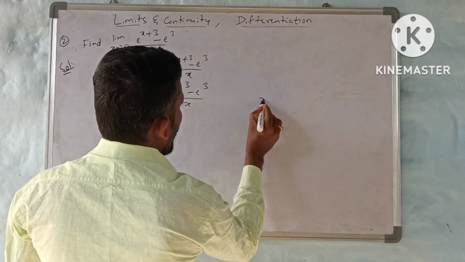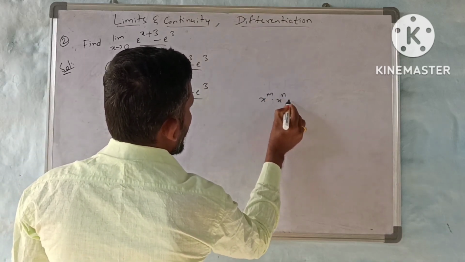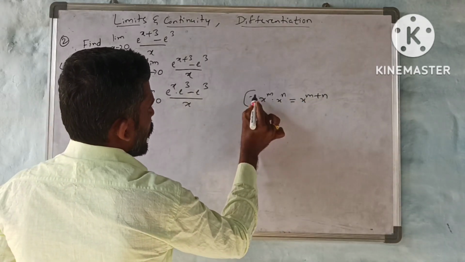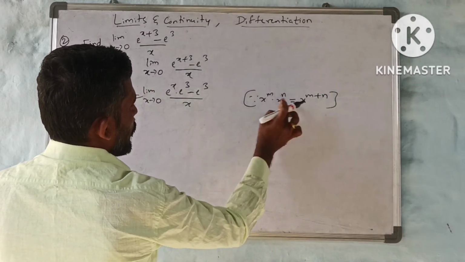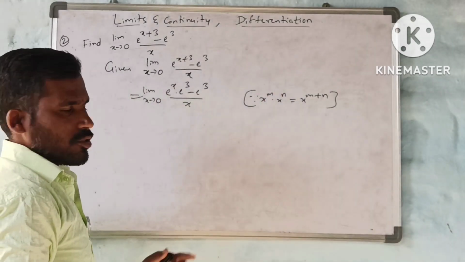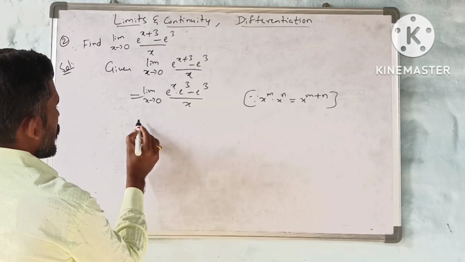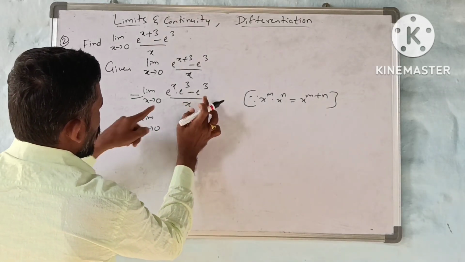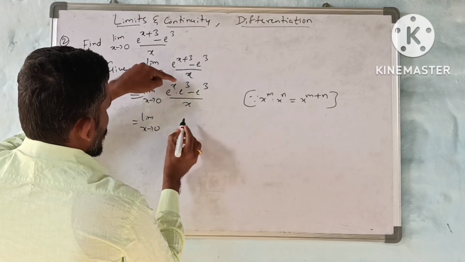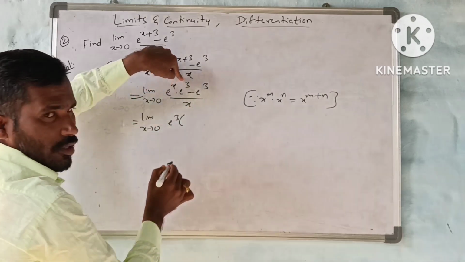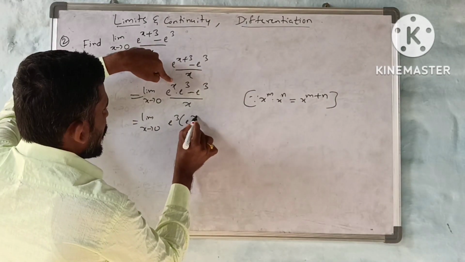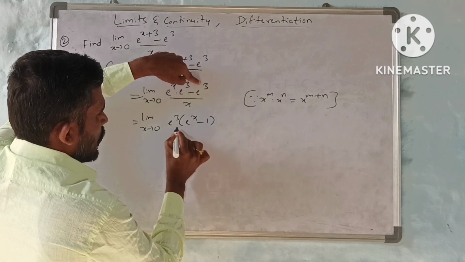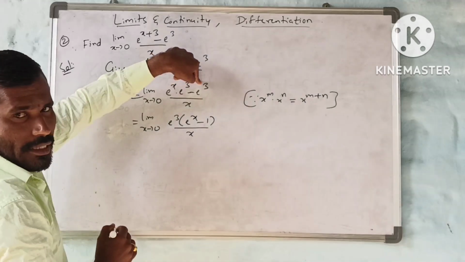Because we have the formula x power m into x power n can be written as x power m plus n, so when we have a plus in the powers, we can write it as a product. In the two terms e power 3 is common, so I am taking e power 3 common. The remaining is e power x in the first term, and since we already took e power 3, the remaining is 1 in the second, by x.